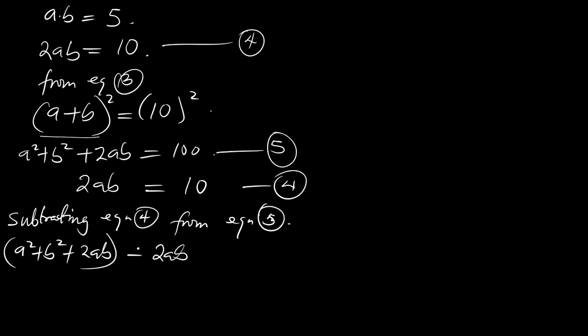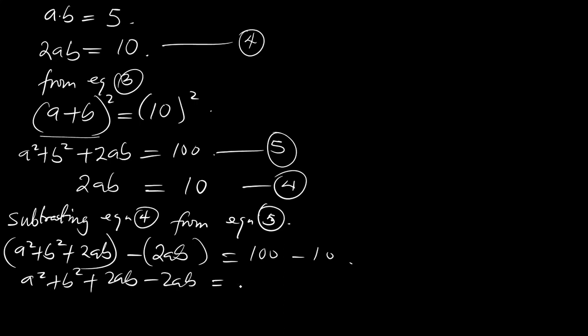So this will minus this. Now you have 100 minus 10. If you open up this bracket, you have a squared plus b squared plus 2ab minus 2ab equal to 90. Now this will cancel out. You now have a squared plus b squared equal to 90. This now will be equation 6.